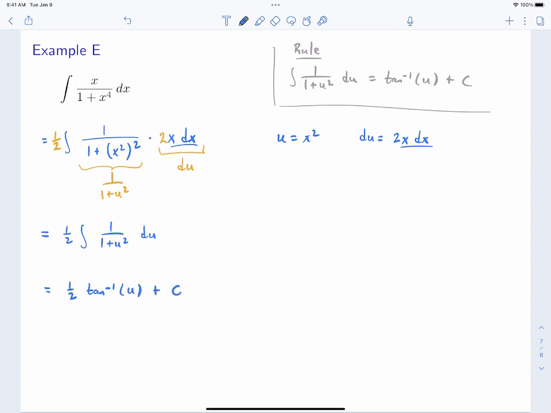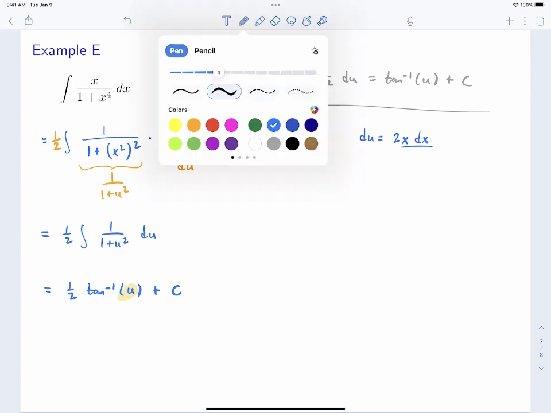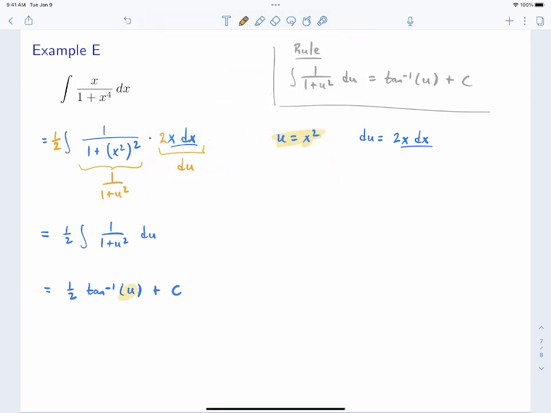But what is u? U is x squared. So again, I'm just going to plug it in right there. That gives us 1/2 inverse tangent of x squared, plus a constant. And that's our answer.